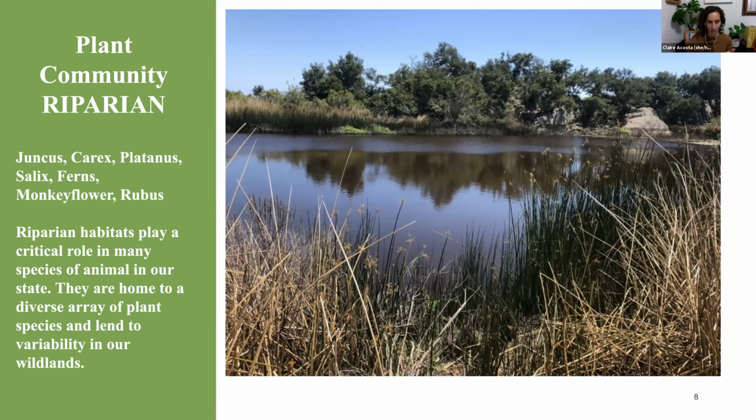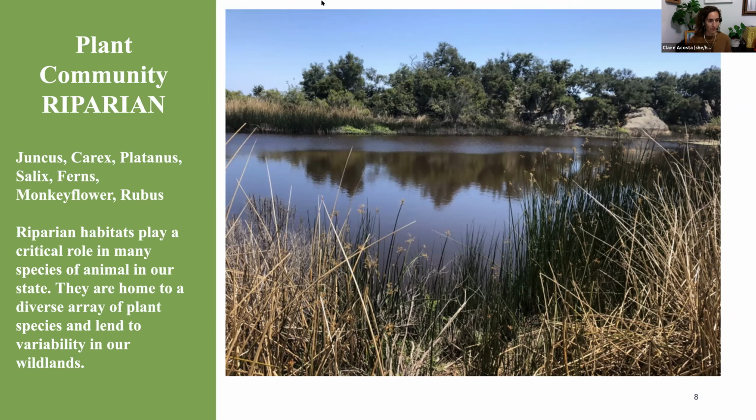Like I was mentioning earlier, there's also riparian communities, which are usually anything found nearby or alongside a streamway or a waterway of any type, like an arroyo. It can be a seasonal waterway, but it's typified by the presence of some kind of water, either seasonally or all year long.